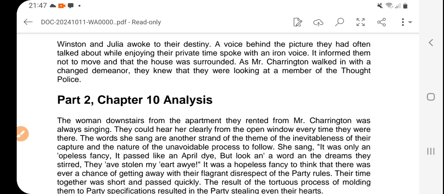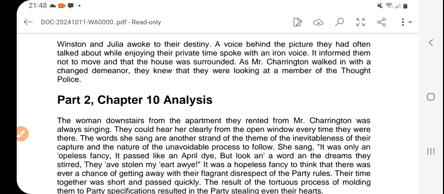Now it's a very terrific chapter. Winston and Julia awoke to their destiny. A voice behind the picture they had often talked about while enjoying their private time spoke with an iron voice. That voice behind the picture is being echoed, and it informed them not to move, warning them that the house is surrounded.